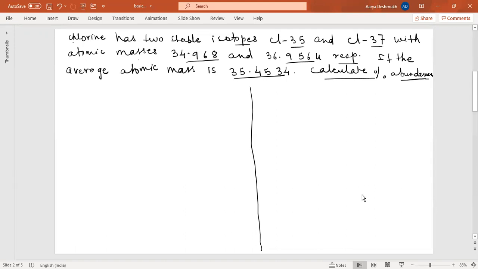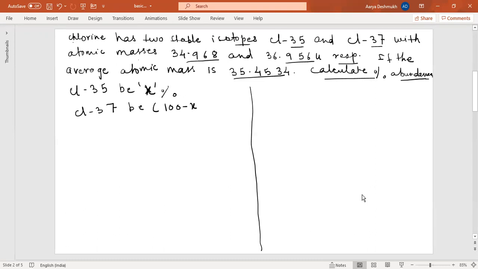So now you can solve this problem this way. Suppose the natural abundance of Cl35, if you take it as x, because we are supposed to calculate this x percent, and that of Cl37 will be 100 minus x.